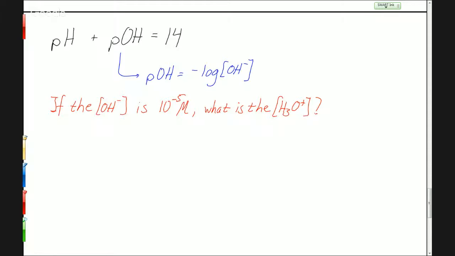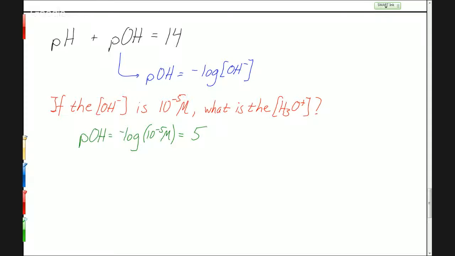So if the hydroxide ion concentration is 10 to the minus 5th molar, then the pOH is going to be the negative log of that. So what's the negative log of 10 to the minus 5? That just tells us the exponent, so that's 5. So in this case, the pOH is 5.